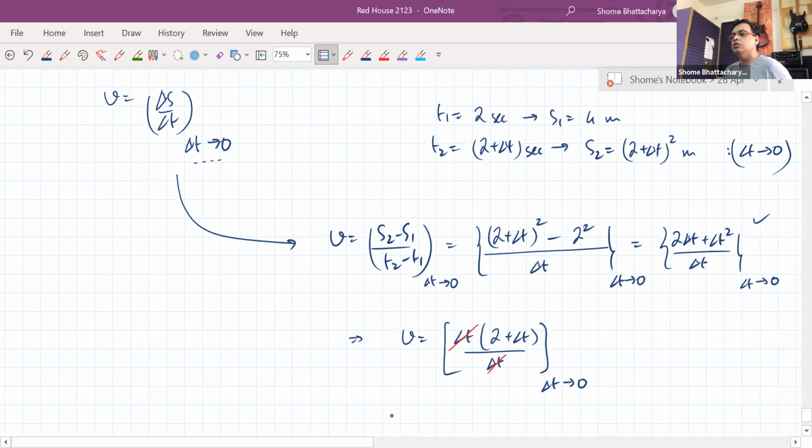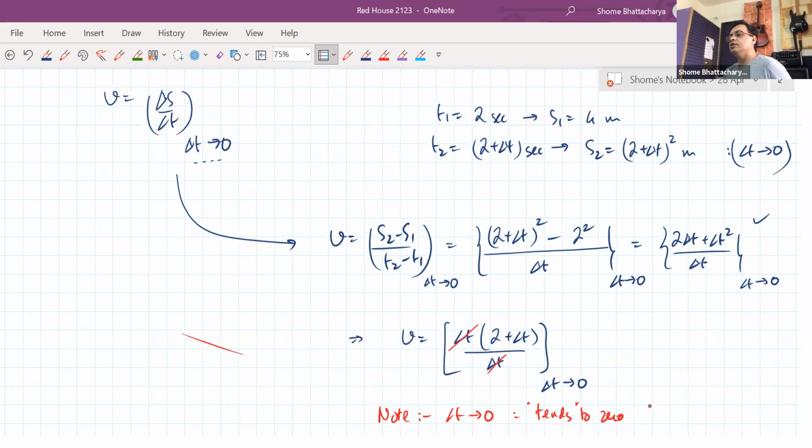It is tending to 0. Okay. Delta t tends to 0, but is not equal to 0. If it were equal to 0, we cannot cancel because 0 by 0 is not defined. Okay, so delta t is not equal to 0. So this cancellation is fine. There's no problem with it. So what are we left with? We are left with 2 plus delta t, with delta t being very small.